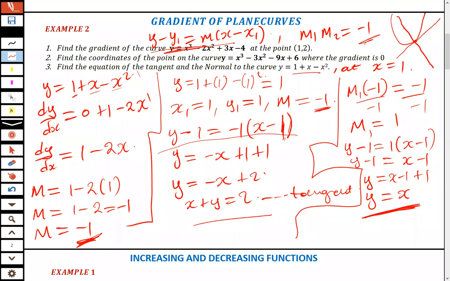So this one is the tangent, and the one that cuts the tangent at 90 degrees is the one that we call the normal. So the equation of the tangent is this one, and the equation of the normal is this one.